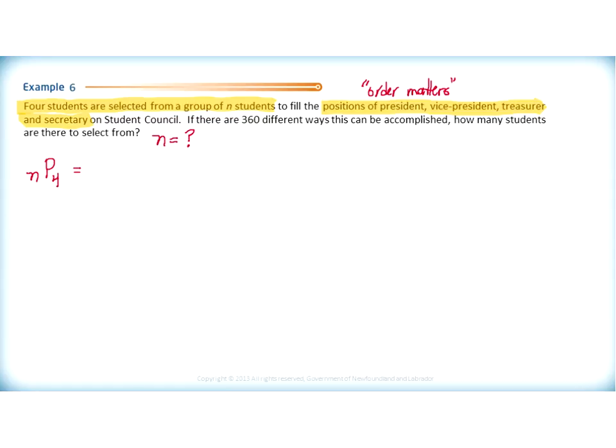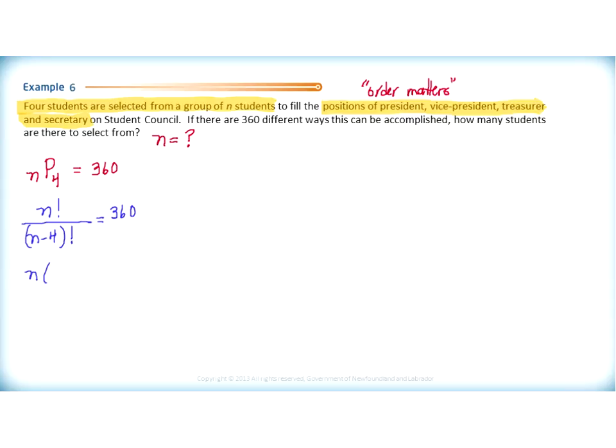And we are told that there are 360 different ways in which this can be accomplished. So let's convert this to factorial notation. N permute 4 can be written as n factorial divided by n minus 4 factorial is equal to 360.